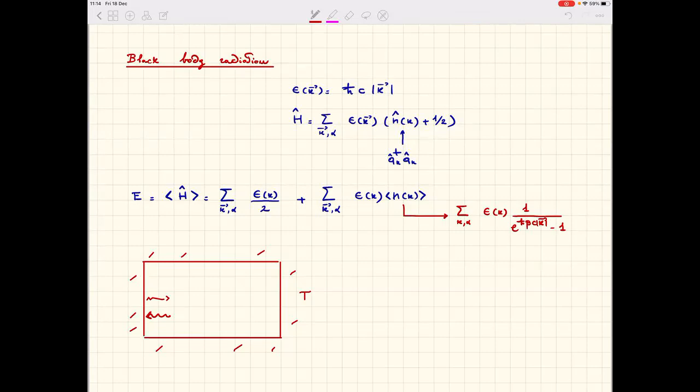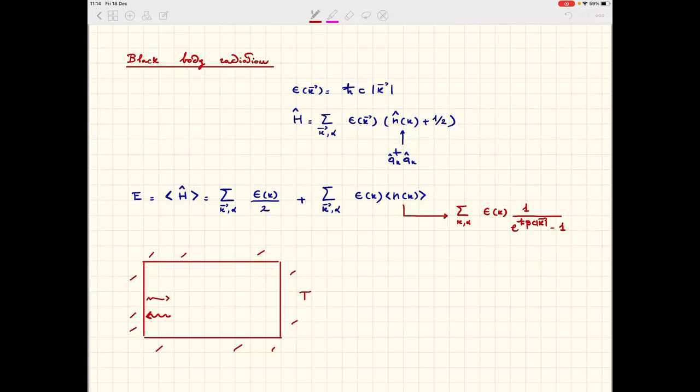Now, sorry, Professor. Yes. I didn't see the relation why photons don't have chemical potential. Well, because no fixed number of. So why do you need a chemical potential, right? A chemical potential is essentially connected to the fact that you.